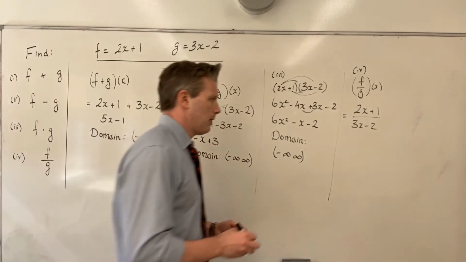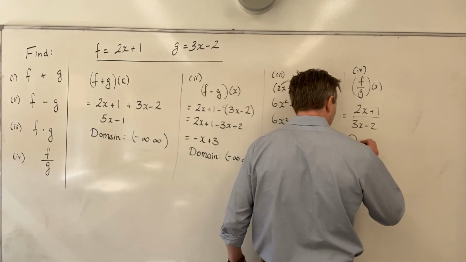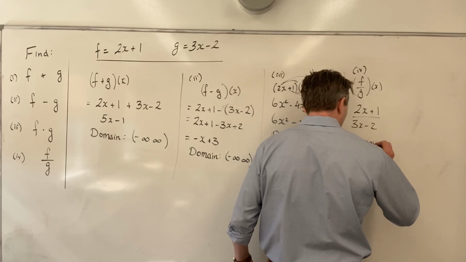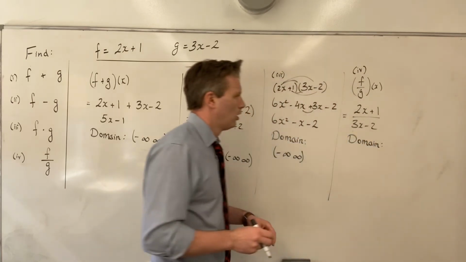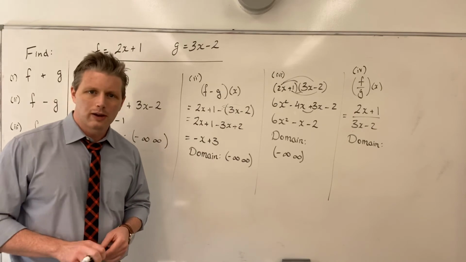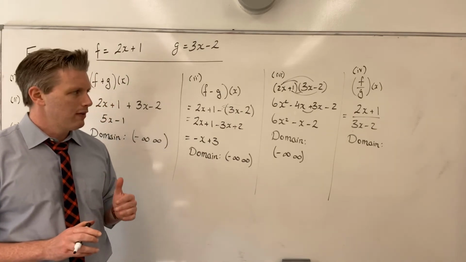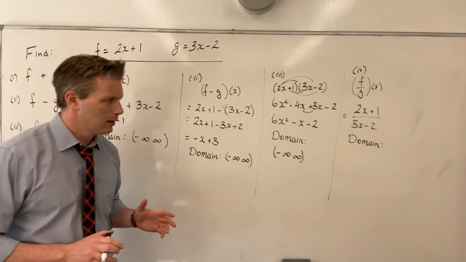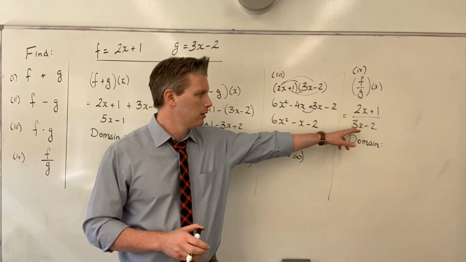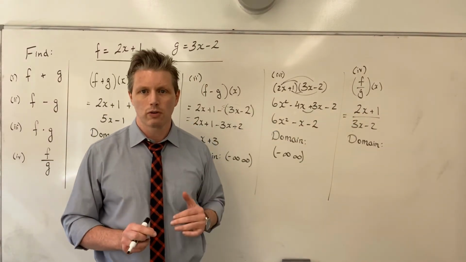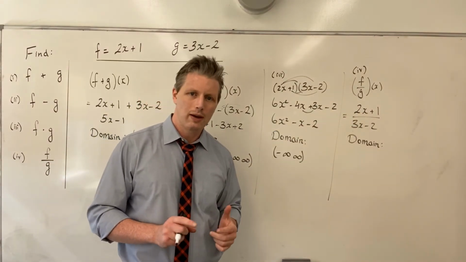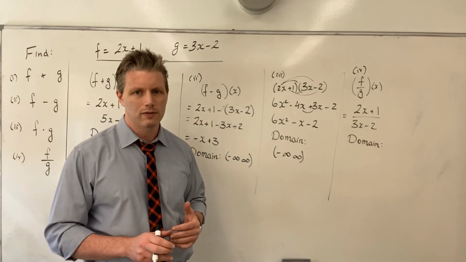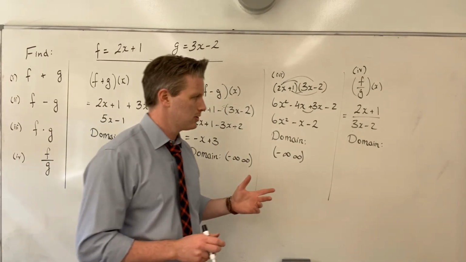With regard to the domain here, it's a little different because I have to be careful with the denominator, 3x minus 2. Any value of x that would make my denominator, in this case 3x minus 2, 0, will not be in the domain. So I have to check to see if there are values of x that would do that. My suspicion is that there is.